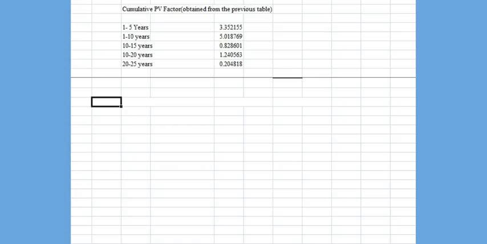Present value of all groups are computed for their respective number of employees and are consolidated in a table.